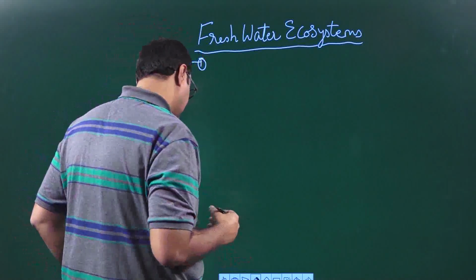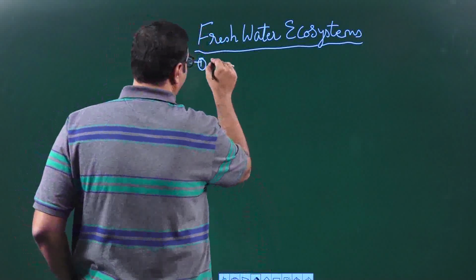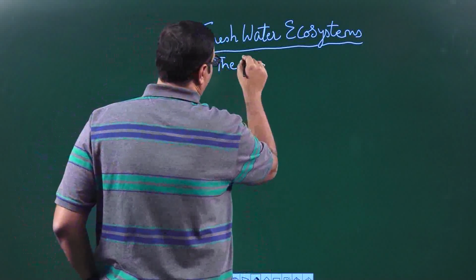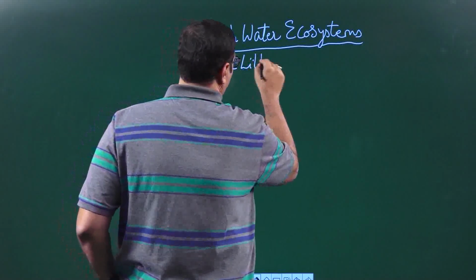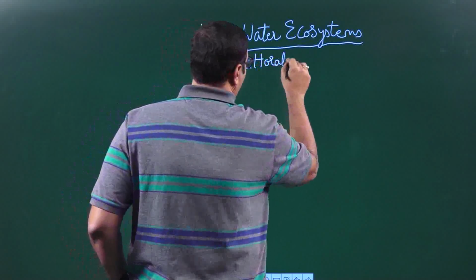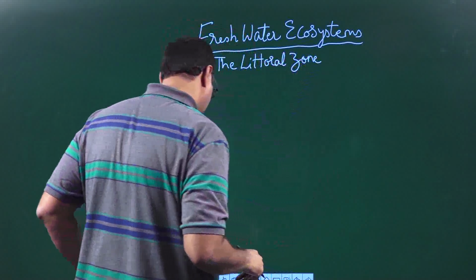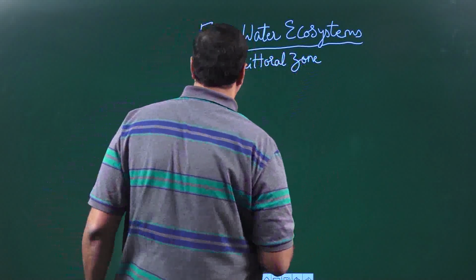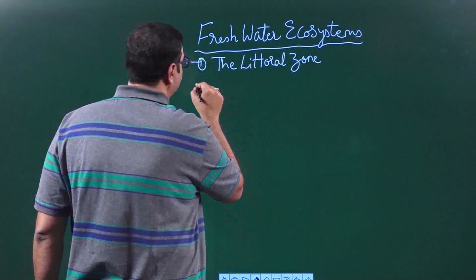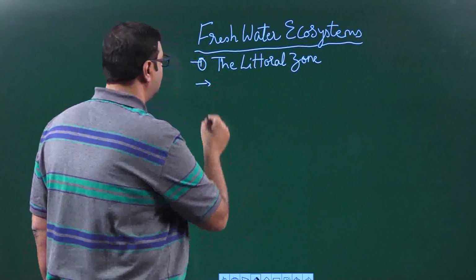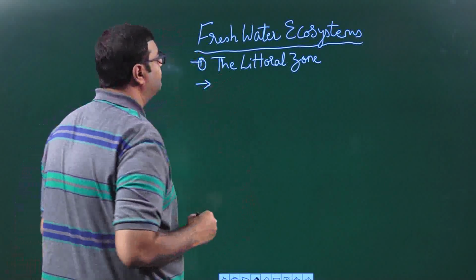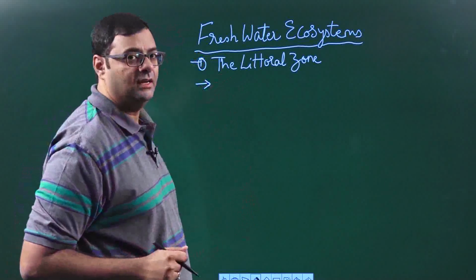The first zone is called the littoral zone. We will look at these one by one. I'll tell you the characteristics of this zone first.